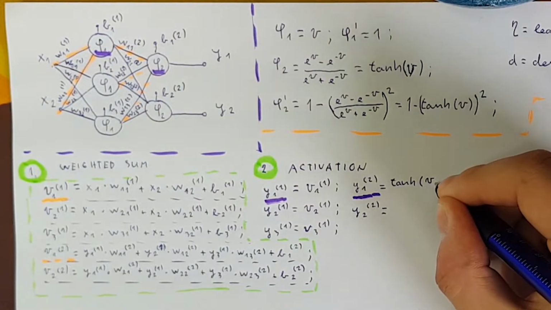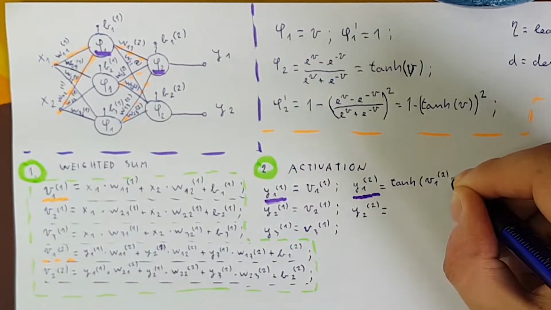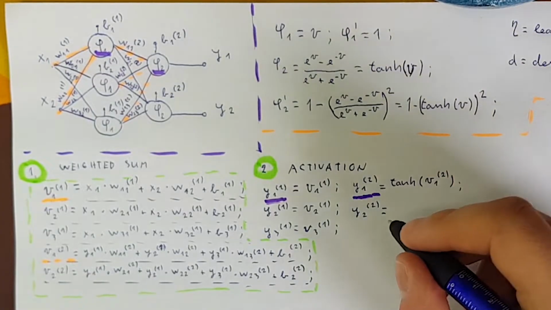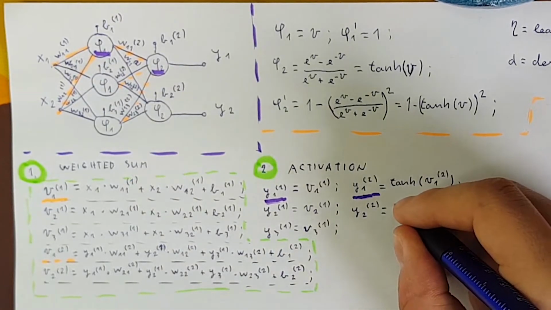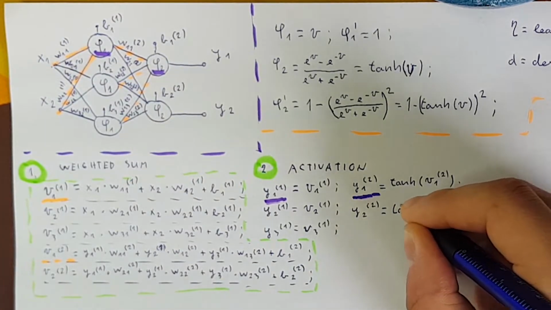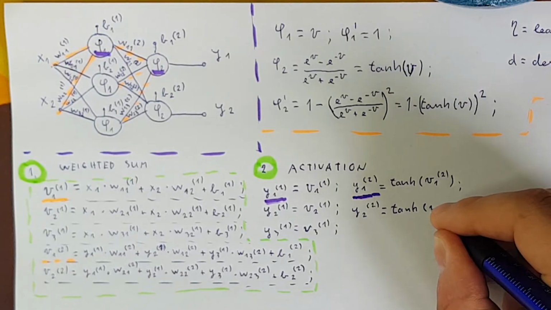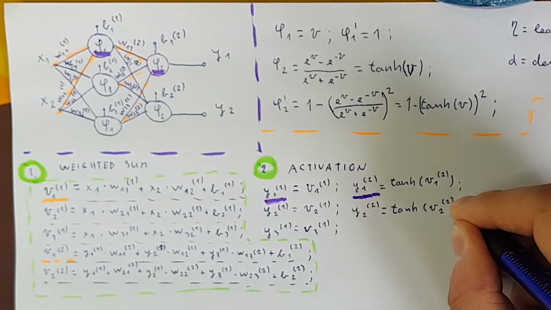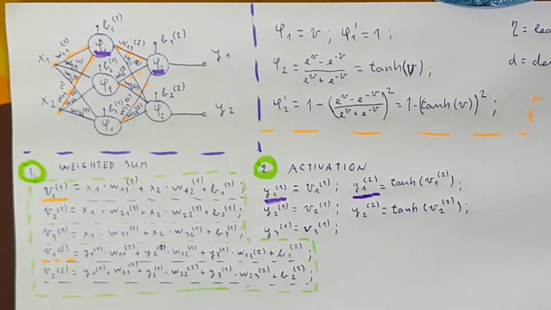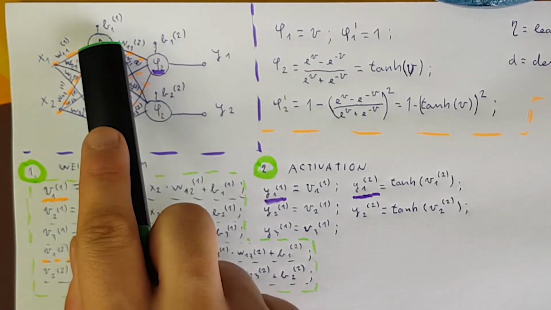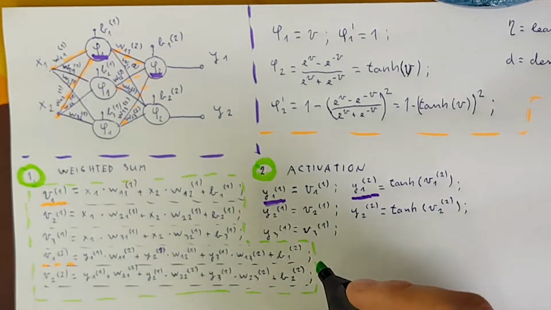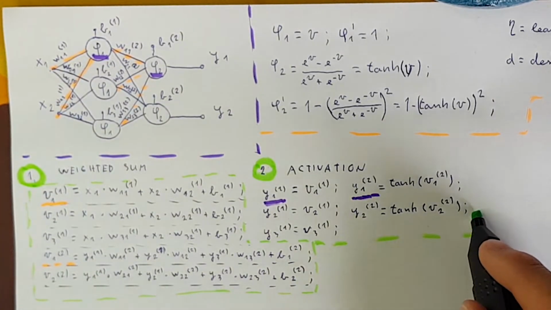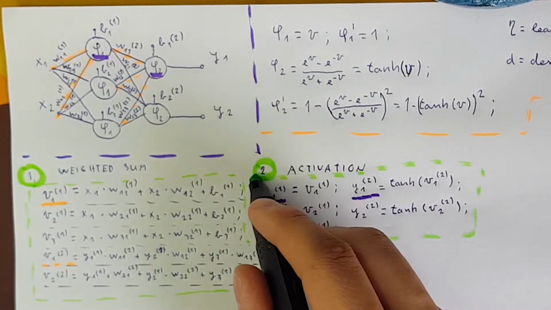So V1 of the second layer, and almost the same for the second neuron, we do the tanh of V2 of the second layer. And we have all of our activations: the activation of the first layer neurons, and the activation of the second layer neurons. I will mark it down as this.